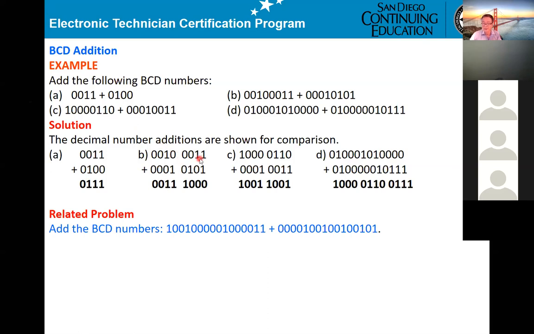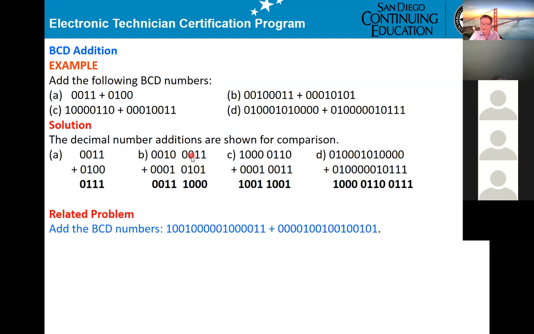Now, how can we get number B? 1 adding to 1, you get 0. Carry 1. Carry 1 adding to 1, you get 0. Adding to 0, you get 0. Carry 1. 1 adding to 0. 0 adding to 1.